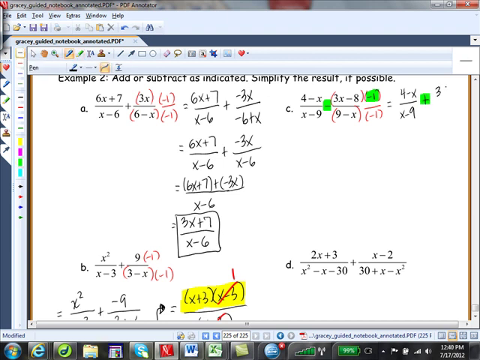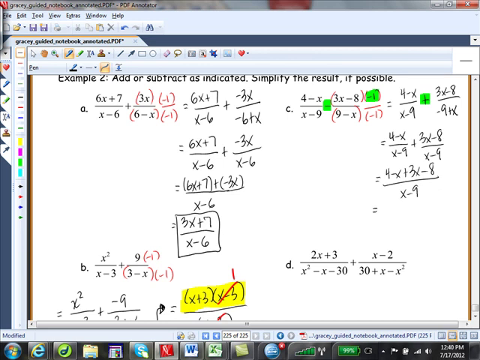So this is the result of the minus a minus. Then we'll have (3x - 8) over (-9 + x). So this is going to give us (4 - x)/(x - 9) plus (3x - 8)/(x - 9), which will give us (4 - x + 3x - 8) all over that common denominator of x - 9.